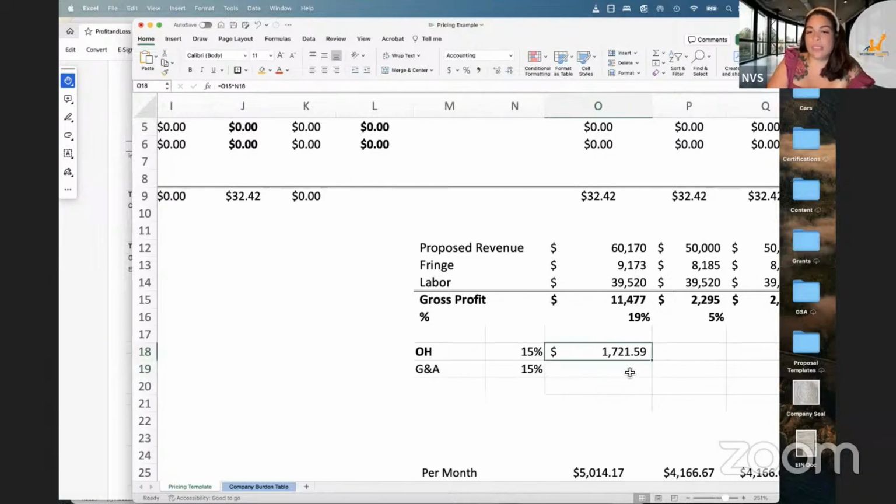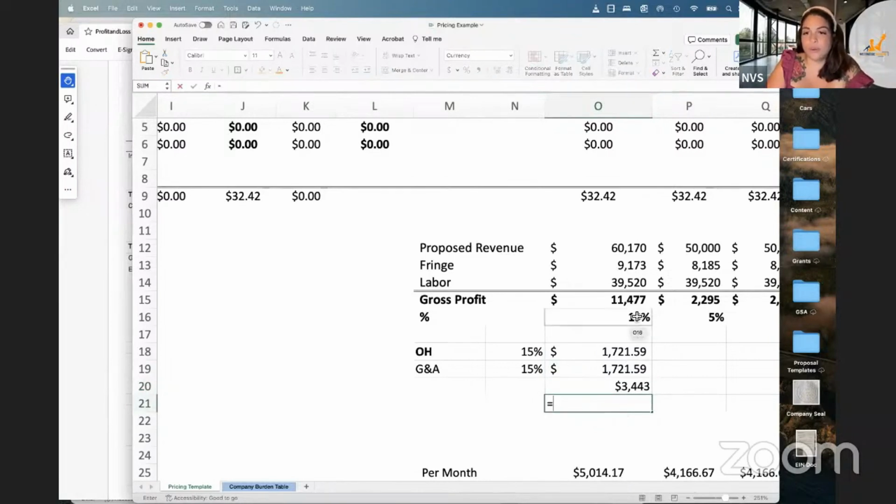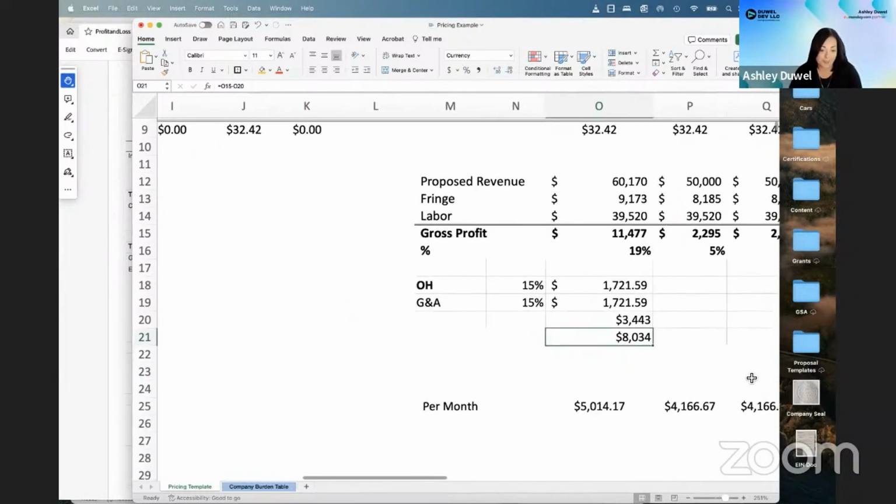That's going to overhead. And that's going to G&A. So that's how much I'm using on expenses. So if I'm really being real, after my indirect rate costs, that's really how much I'm taking home at the end for me to pay myself. Doesn't seem like a whole lot when you look at it that way.